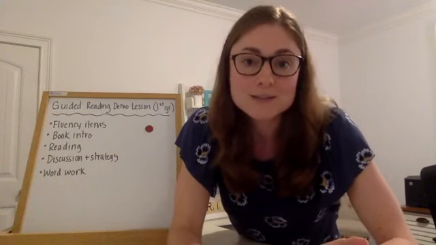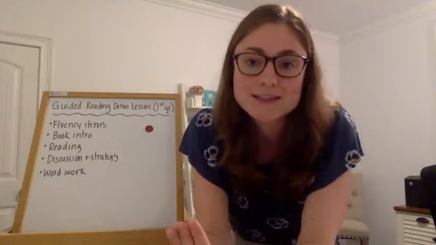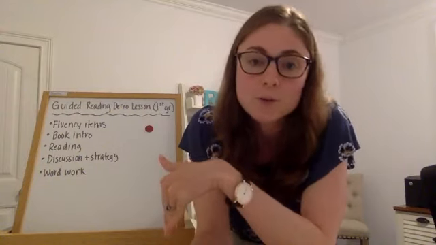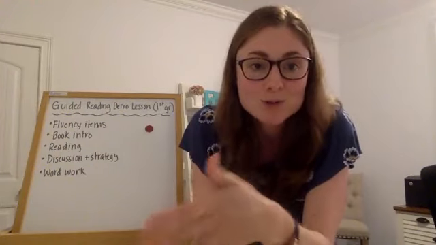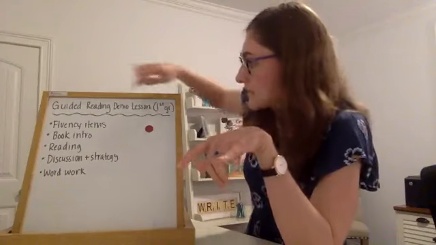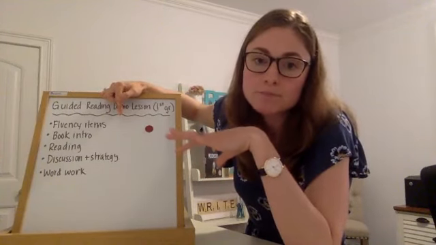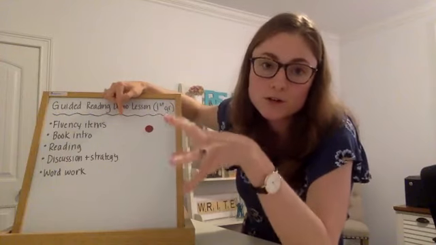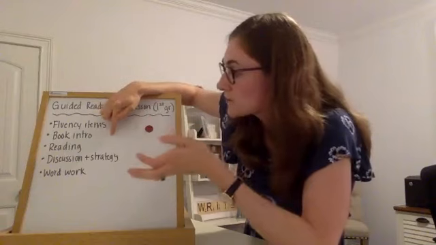What you're going to see me do in this lesson is alternate between talking to you as if you were my students, and then giving a little side note about what I'm doing as a teacher. You're going to see me go through some fluency items. You'll see me have the kids reread a familiar text, and then I have 2 flashcards. You'll see me introduce the book.